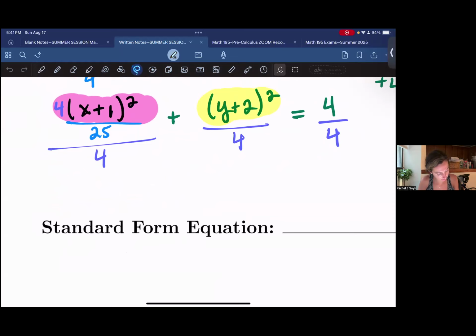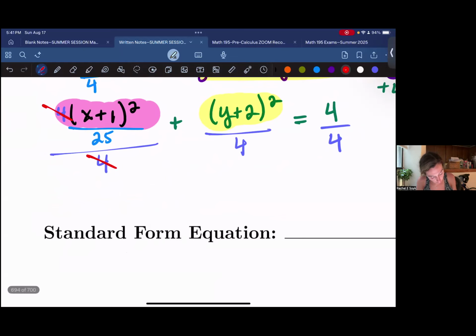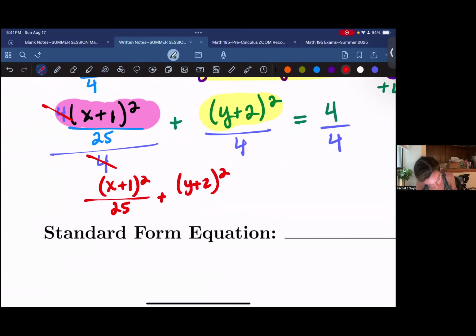Let's zoom in now on this. So I just showed you guys that by keep change flip, our 4s will cancel out. And then what we're left with is x plus 1 in parentheses squared all over 25 plus y plus 2 in parentheses squared all over 4 is equal to 1.